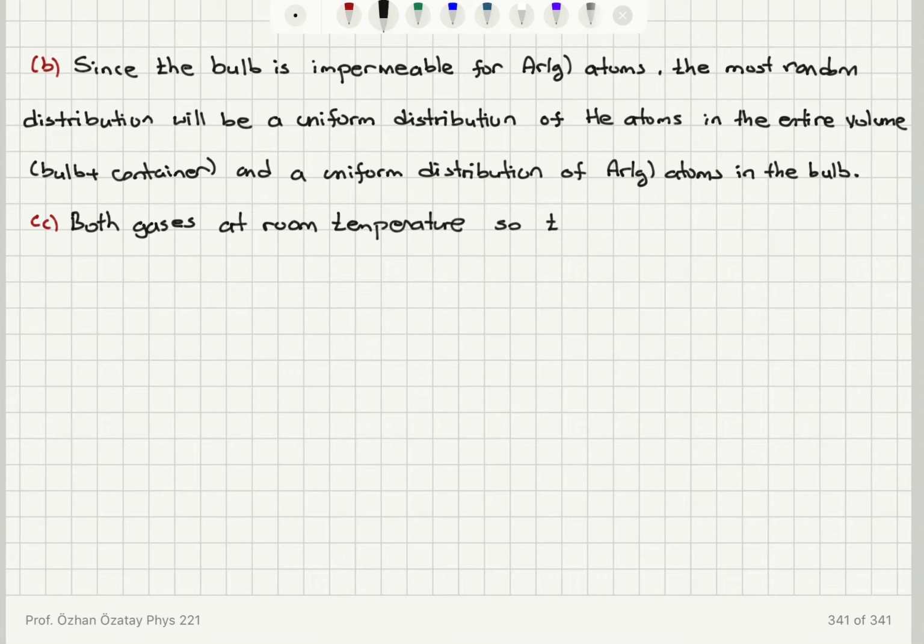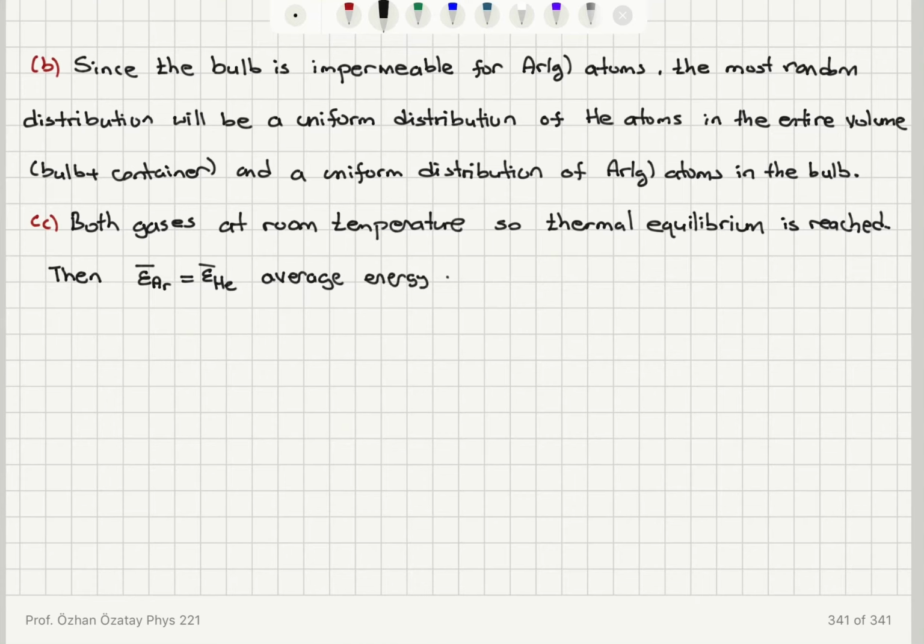So thermal equilibrium is reached. We won't have energy transfer in the form of heat. And we know that when we have two gases in thermal equilibrium, the mean energy per atom should be the same. So it will be the same average energy per atom for helium and argon sides.